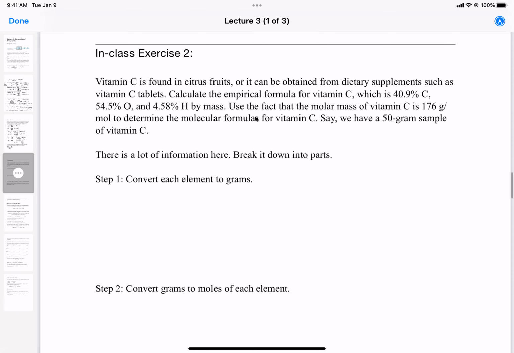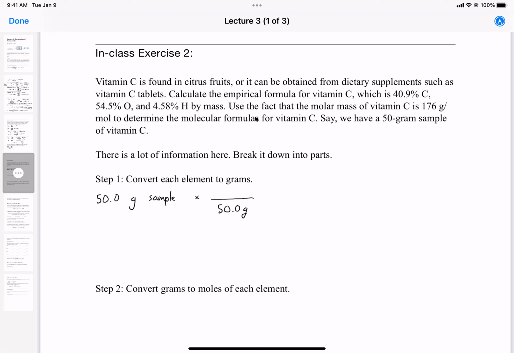So let's convert each element to grams. We have a 50-gram sample of vitamin C, let's use 3 sig figs. In that sample, 40.9% is carbon.